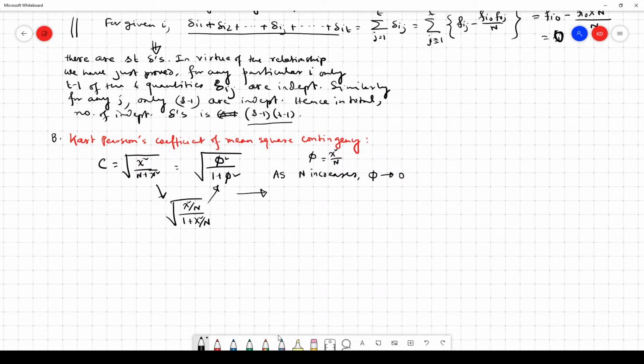So actually, I think it's better to say it in this way. Why do I introduce this measure?